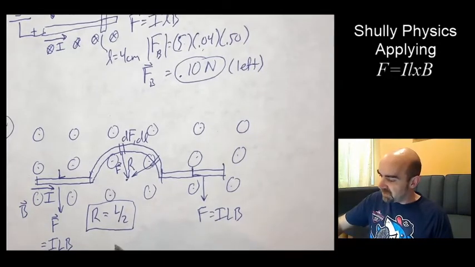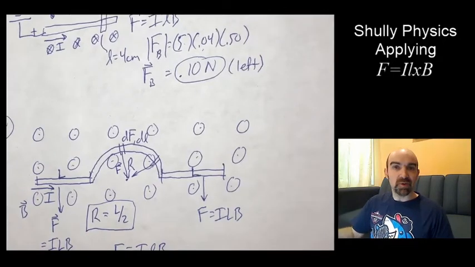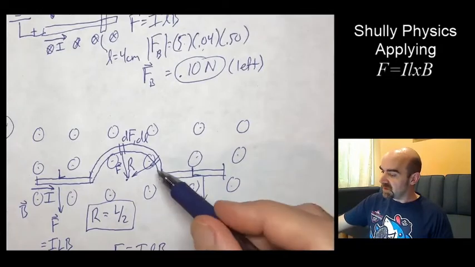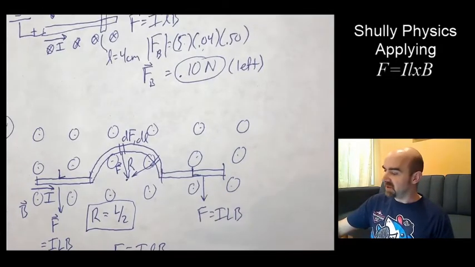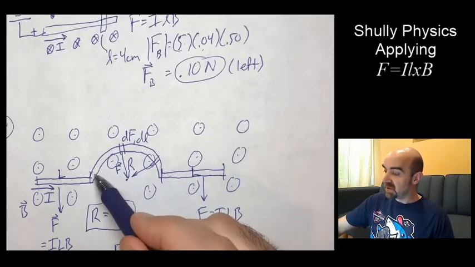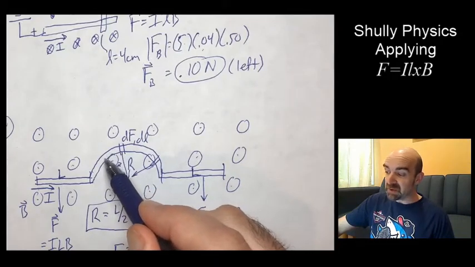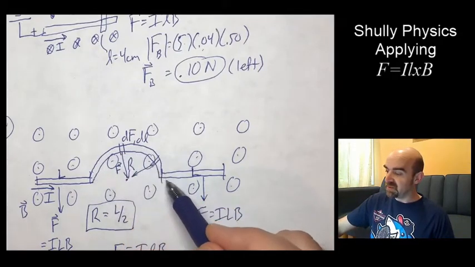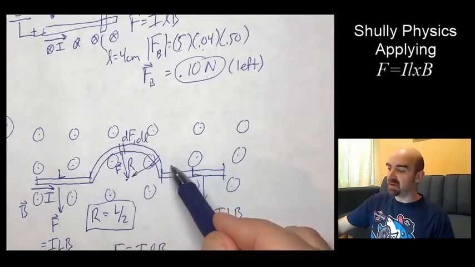Well, since we have F equals I L cross B, but that L cross B is magnitude LB, because the magnetic field is perpendicular to the current at all times. Even though the current direction or the L direction is changing as we go along here, it is always perpendicular to the magnetic field.